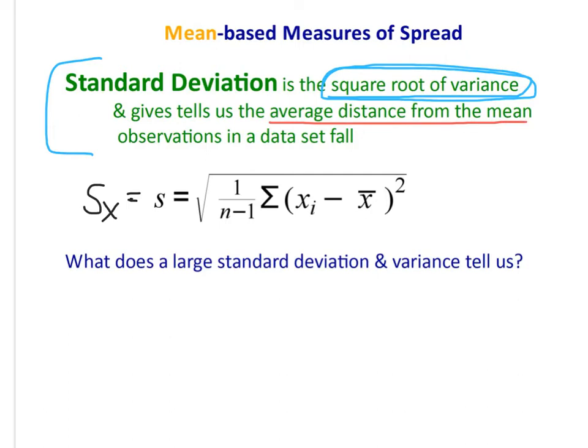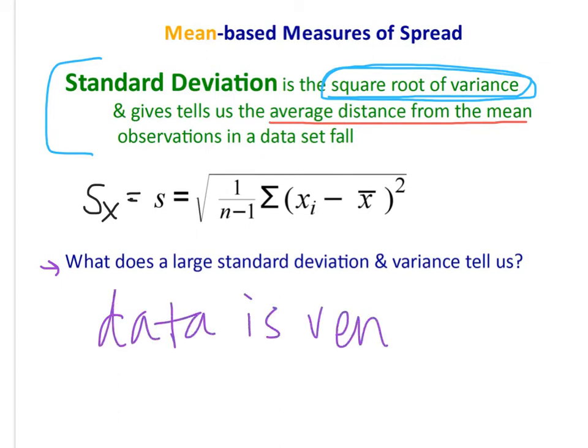If we think back to our picture that we saw, what does a large standard deviation and variance tell us? Well, it tells us that my data is very spread. A large standard deviation tells me my data is very spread out or very scattered. And we saw that with the pictures of the two types of standard deviations.